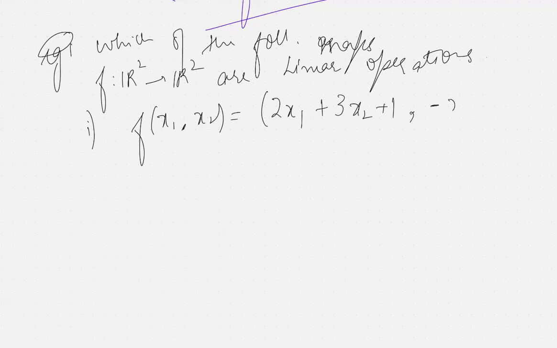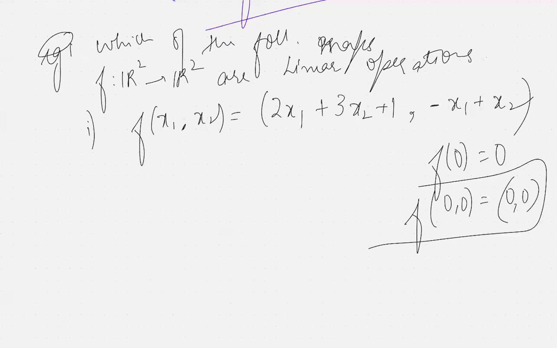For it to be a linear transformation, we have one simplest result, that f of 0 is always equal to 0, right? So according to the element, f of 0, comma 0 should be equal to 0, comma 0. If this is satisfied, only then f can be called a linear transformation. This is also one of the important results.